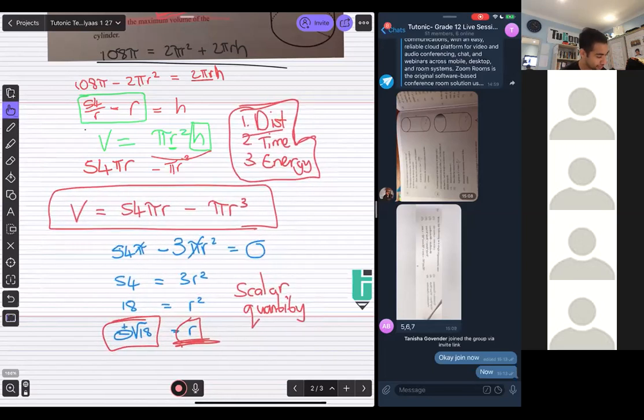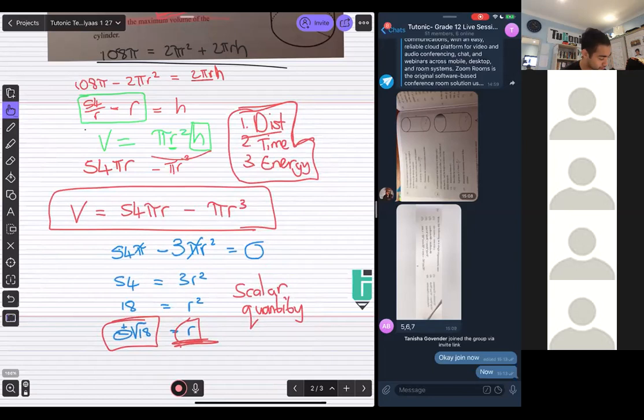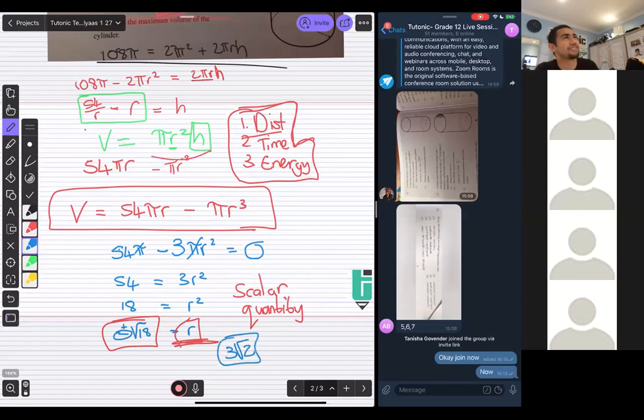Yes. Okay. Do we leave the square root as is, or do we simplify? Because the square root of 18 is 3 root 2. I honestly think it just depends on the teacher, because it's already simple, it's fine.